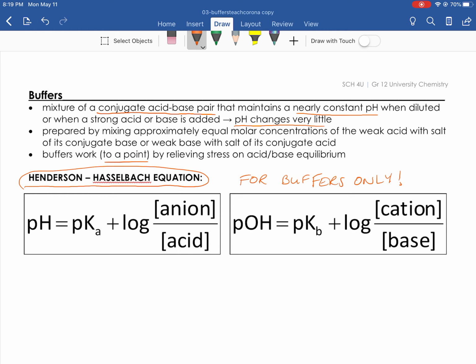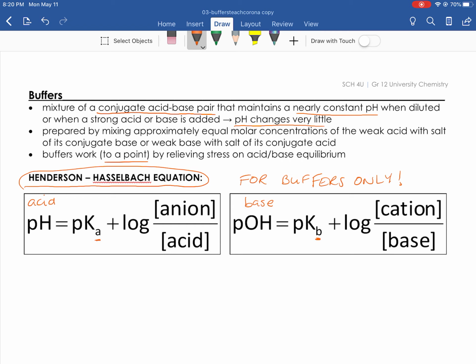So then you have two forms depending on whether you have an acid or a base. And again, the best quantitative way to figure out if you have an acid or base, you're given Ka for acid and Kb for base. So these substances are weak.